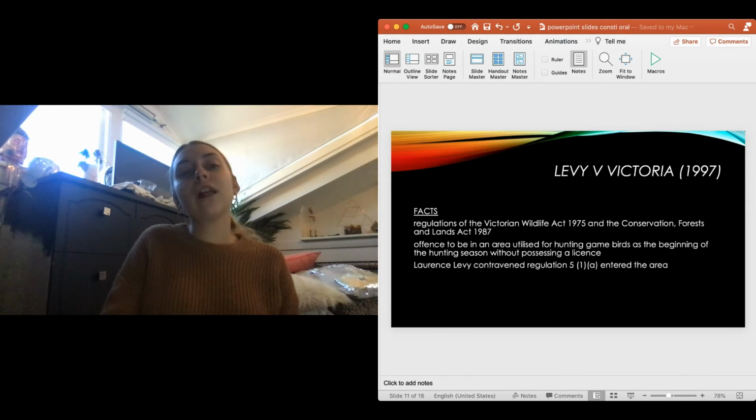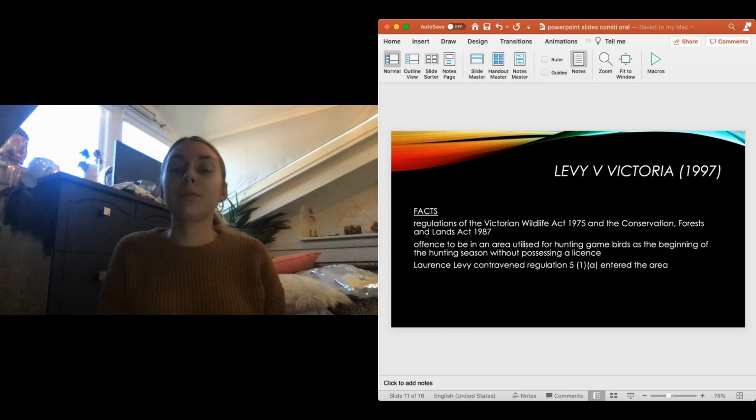Conversely, in Australia, there is not freedom of expression, but rather political communication. However, both countries have restrictions on the relative freedoms if it is justified on reasonable grounds. We're going to focus on the case of Levy v Victoria relating to what is recognised as a reasonable restriction in Australia.